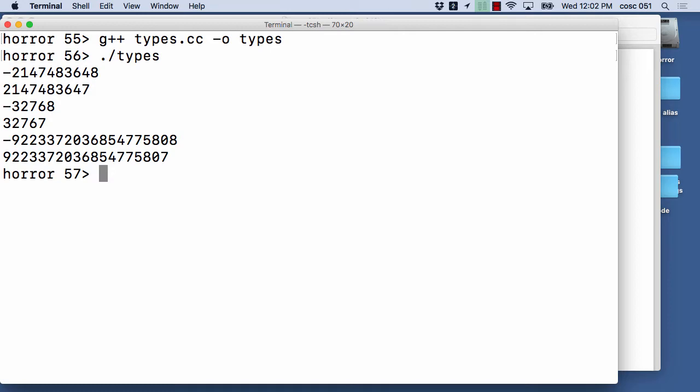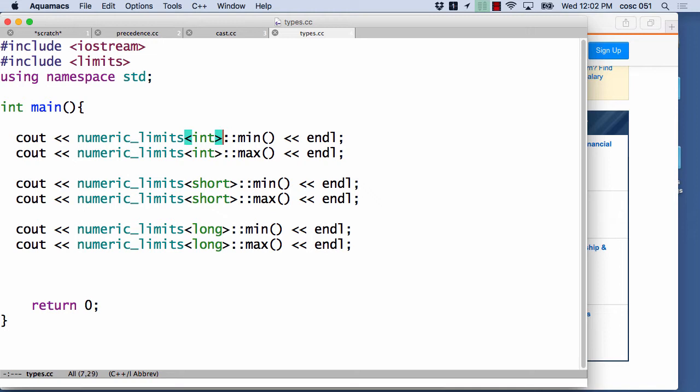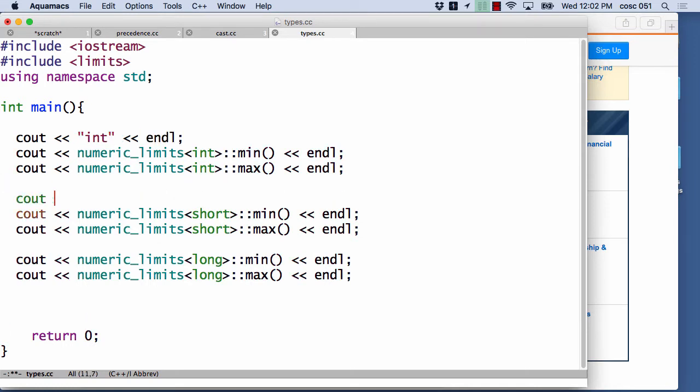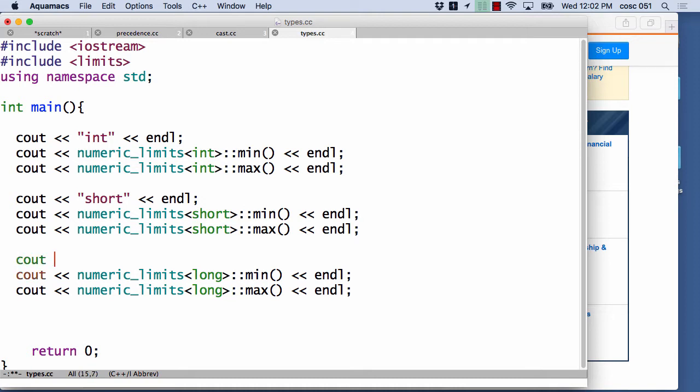Everybody good so far? I'm going to add a little cout to this so we can just see what's going on for each one of these. So we'll get a few more of these as we go along. All right, everybody good so far?